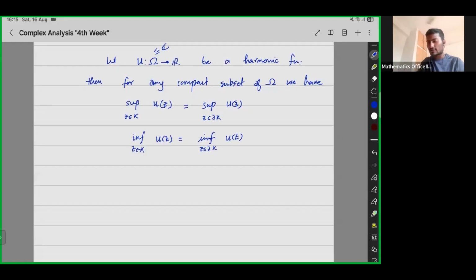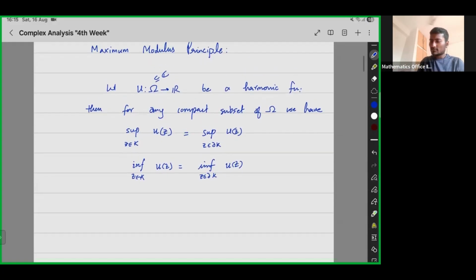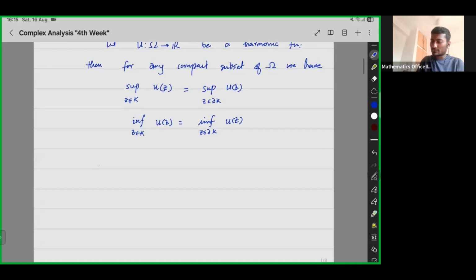That is a long proof. We are not going to recall it, but it is good to remember. As a corollary, let f from omega to C be a holomorphic function.